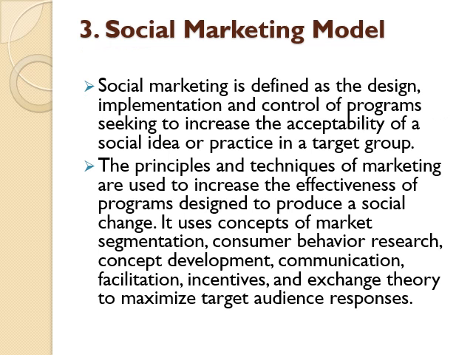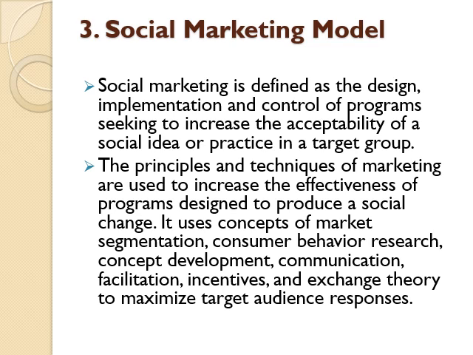Social marketing model. Social marketing is defined as the design, implementation, and control of programs seeking to increase the acceptability of a social idea or practice in a target group. The principles and techniques of marketing are used to increase the effectiveness of programs designed to produce a social change.